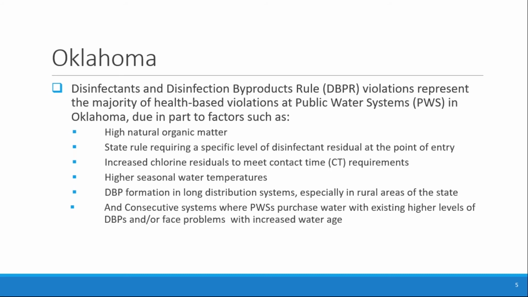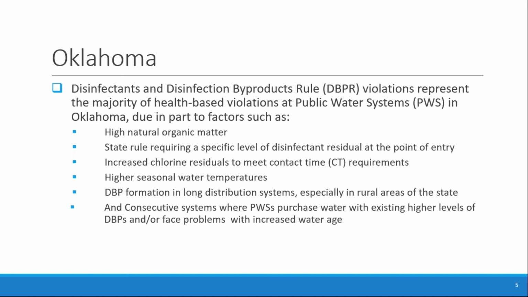We have warmer temperatures, which accelerate those reaction rates. We have a lot of consecutive systems, especially in rural areas of the state, which is why we partnered with some systems that have a wholesaler and a lot of retailers that Jose is going to talk about in a little bit. And with all those factors, you end up with high concentrations of DBPs, and it's hard to meet the MCLs for trihalomethanes and haloacetic acids.